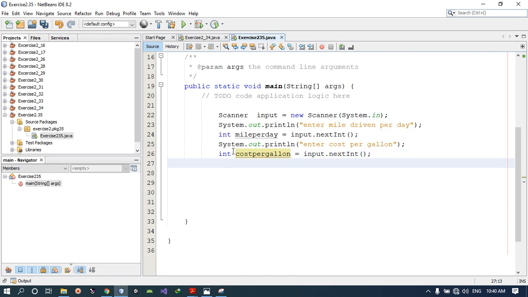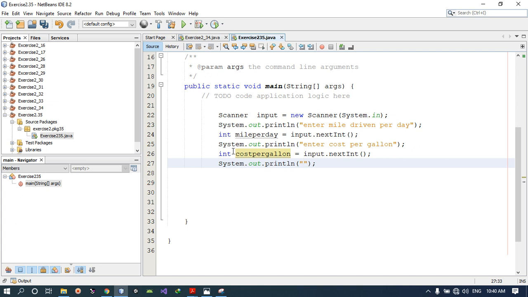So we have another output. Enter the average miles per gallon. It means how many miles we can go with 1 gallon of oil.